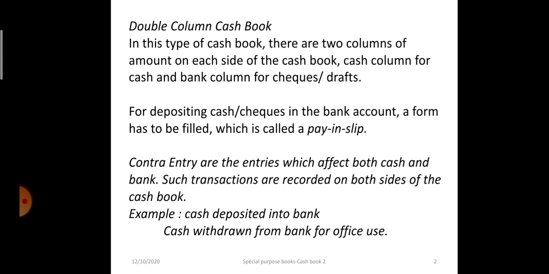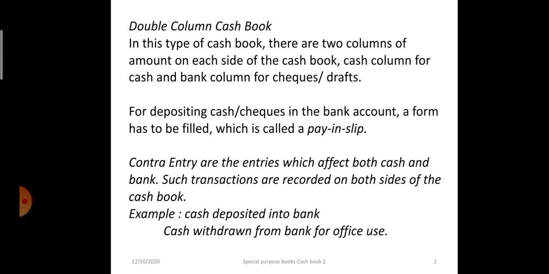While depositing the checks and drafts in the bank, a pay-in slip is filled, which acts as documentary evidence. Then there are two transactions: cash deposited into bank and cash withdrawn from bank for office use. In these two transactions, the cash column and bank column on both sides of the cash book are affected. Such transactions are known as contra entries.